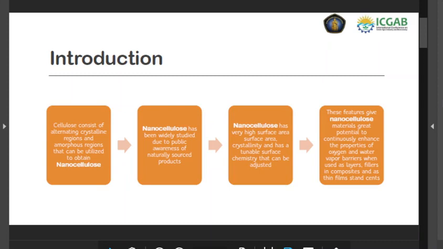This feature gives the nanocellulose material great potential to continuously enhance the oxygen and water vapor barrier property when used as a layer filler in composite and as a thin film. Merging reinforcing structures such as nanocellulose into this material can improve this property.